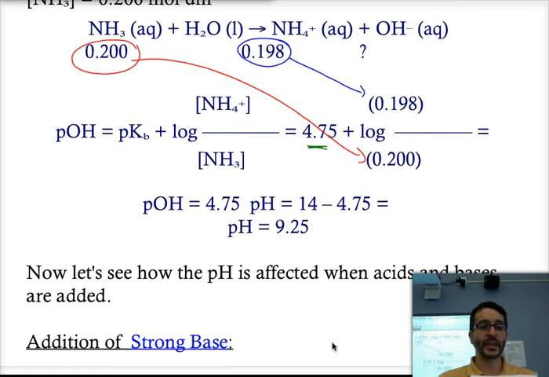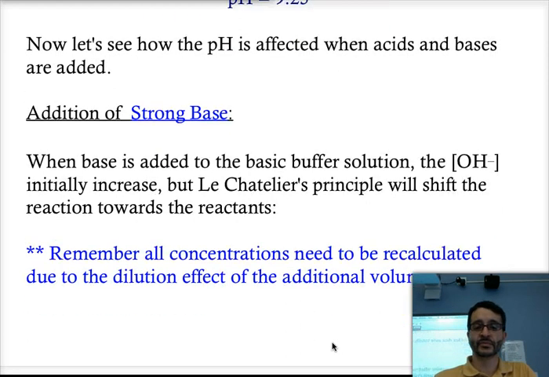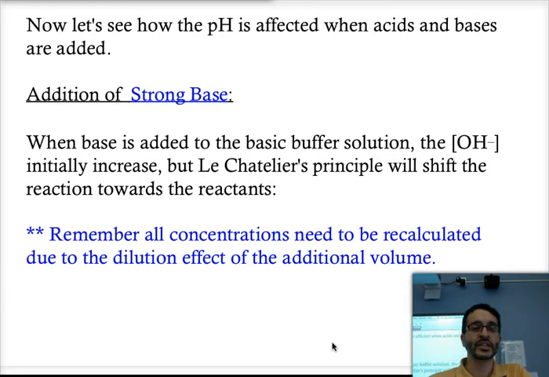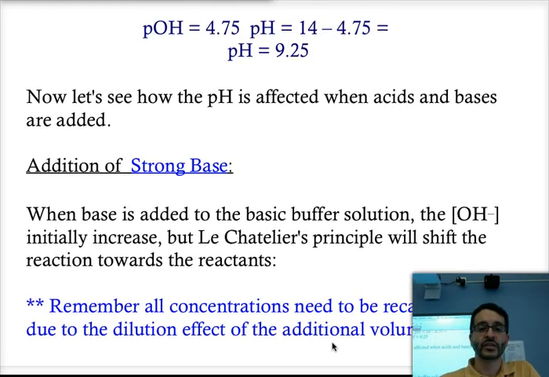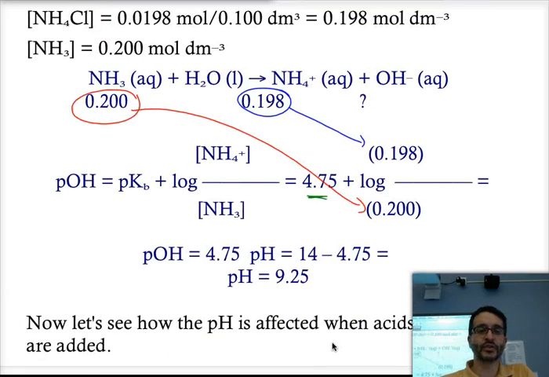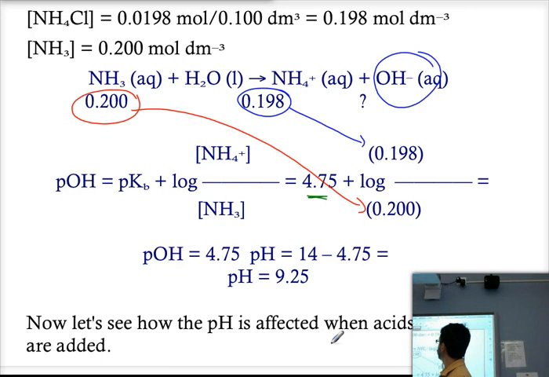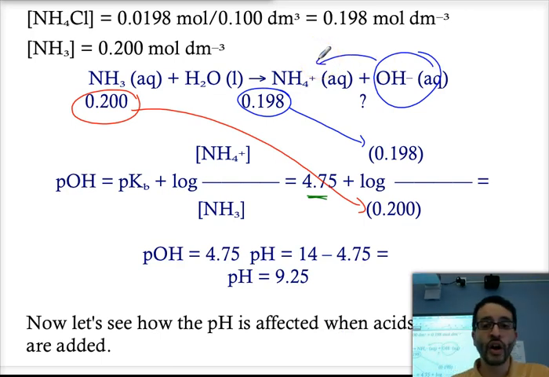If we add a strong base, how would that change it? Let me go back to the equations here. If we add a strong base, we're going to increase the hydroxide, and that is going to consume and react with some of the conjugate acid.